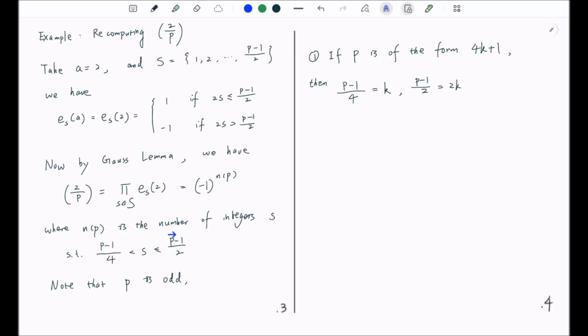It follows that there are precisely k many integers satisfying this. This implies n(p) is equal to k.